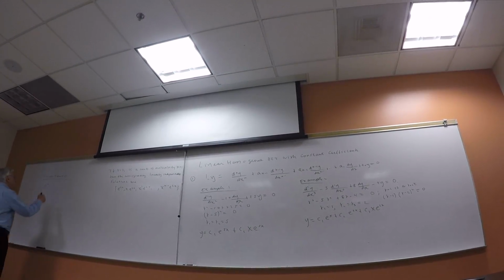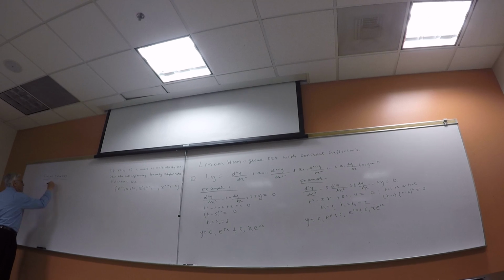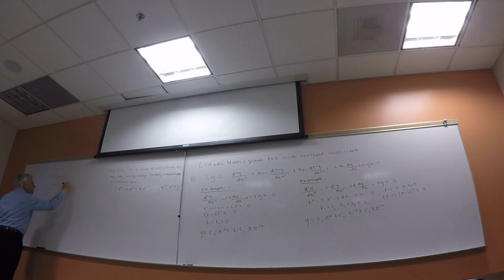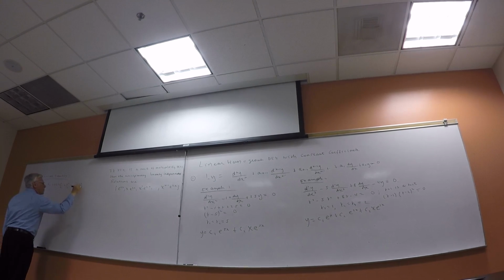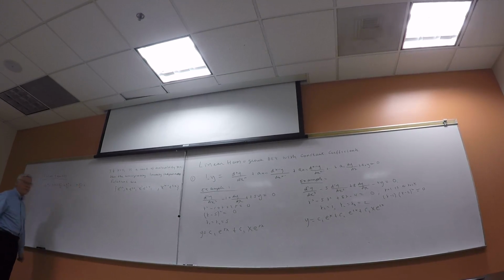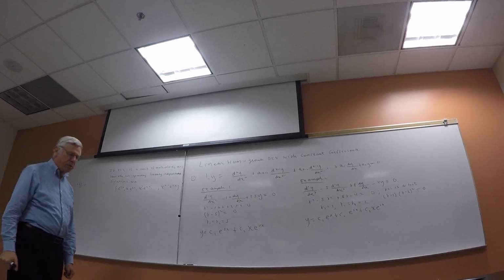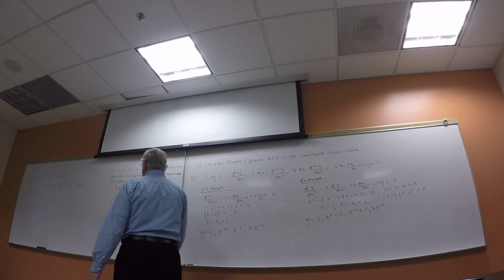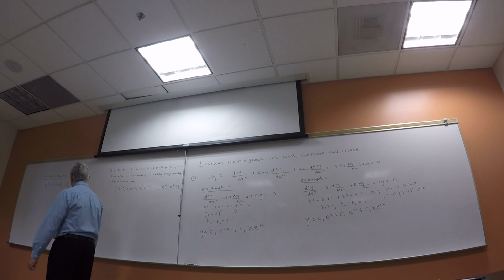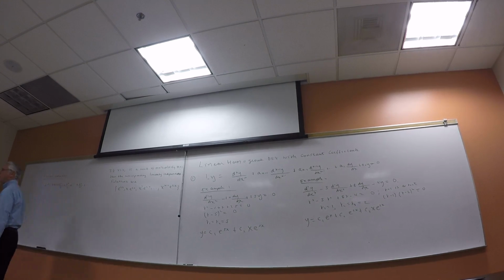The series for e to the z is 1 plus z plus z squared over 2 factorial plus z cubed over 3 factorial, and keep going, plus z to the n over n factorial. That's the general term. That's the exponential function expanded as a power series, and you can show that series converges for all values of z, considering real values of z.